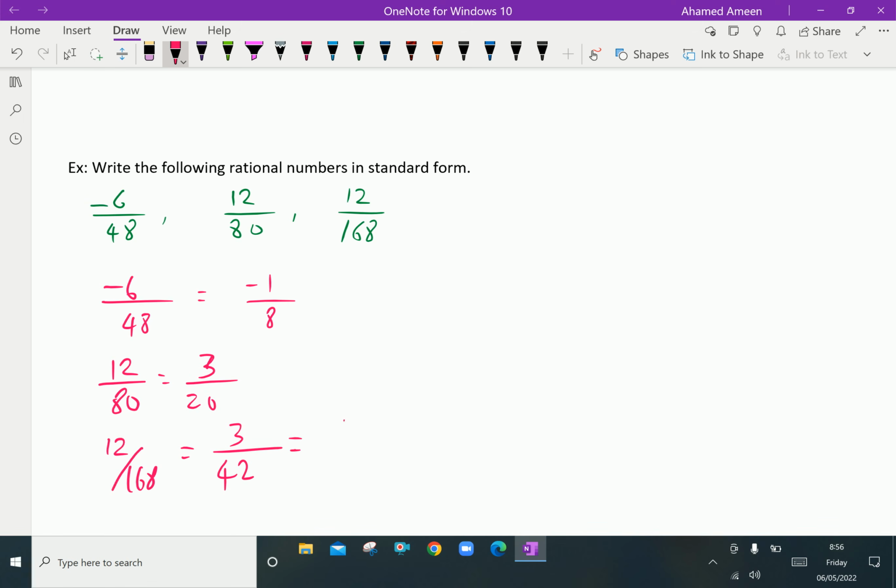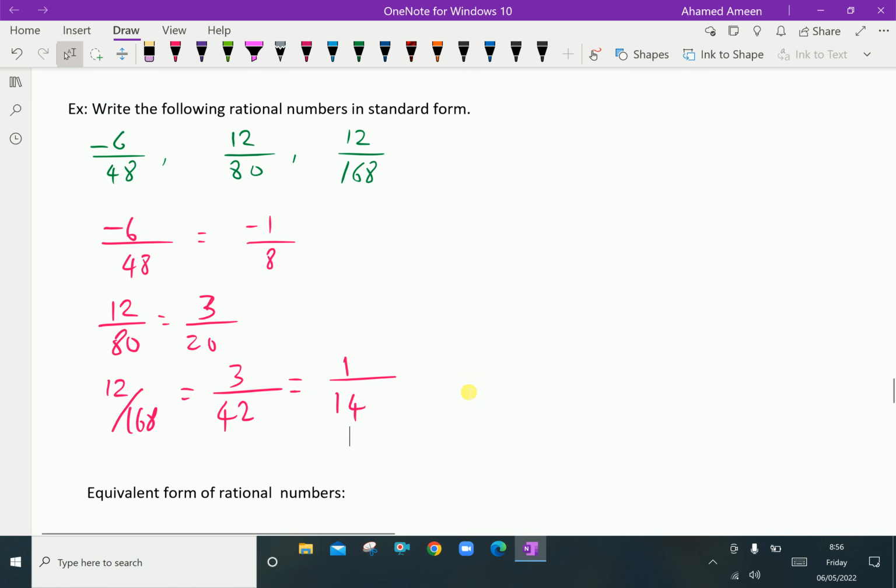Further divide by 3: 1 3 is 3, and 42 divided by 3 is 14. So 12 over 168 can be written in standard form as 1 over 14.